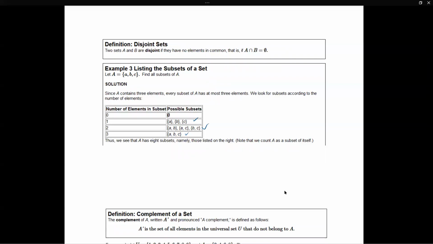There are 3 elements, and the number of subsets is 2 to the power 3, which is 8. And you'll see that you have 8 subsets here. So from the empty set, 2, 3, 4, 5, 6, 7, 8.